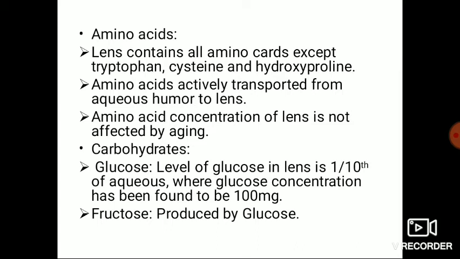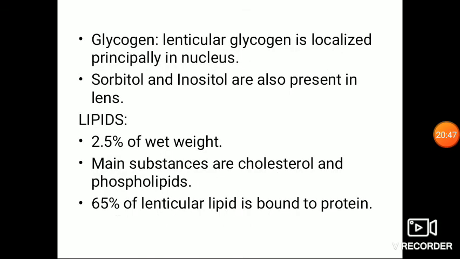The carbohydrates present in the lens are glucose and fructose. The level of glucose in the lens is 1/10 of the aqueous, where the glucose concentration has been found to be about 100 milligram, and fructose is produced from glucose. The glycogen is stored principally in the nucleus, and the other carbohydrates, sorbitol and inositols, are also present in the lens.